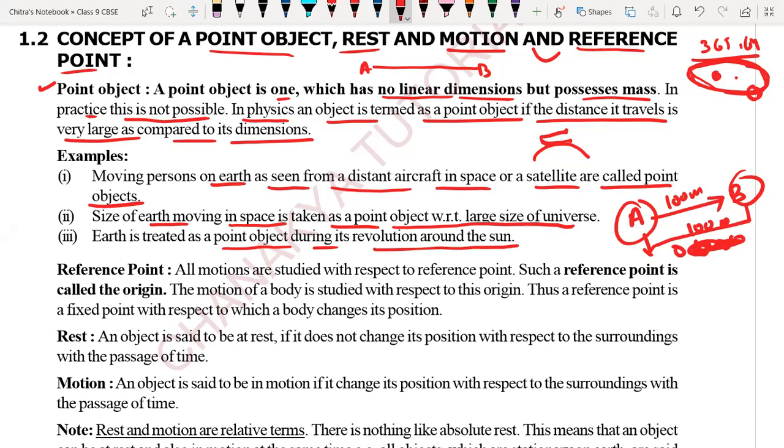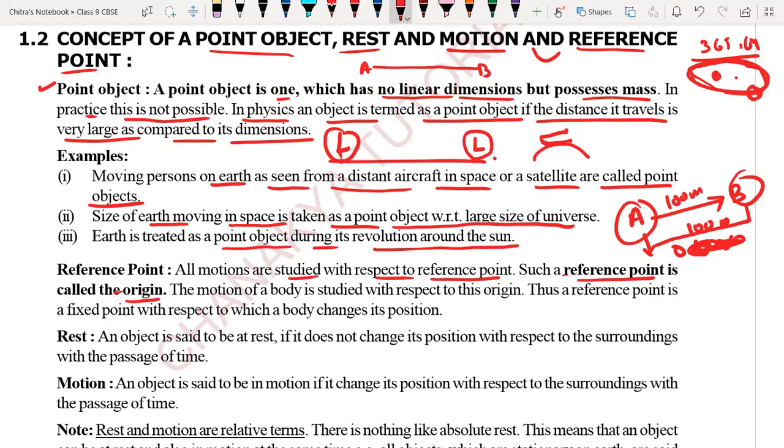Now we are going to understand the reference point. All motions are studied with respect to the reference point. Such a reference point is called the origin. Origin means the point from where the motion is being performed or calculated. Suppose Lalita Aditya is standing over here, or maybe he is walking, and after some time he reaches this particular point.